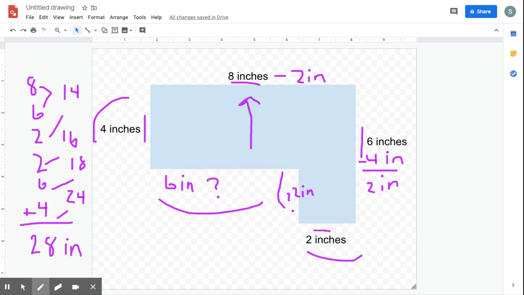Now I don't have to do any squares because I'm not putting anything inside here. I'm just adding up everything around because I'm building a fence around the shape.